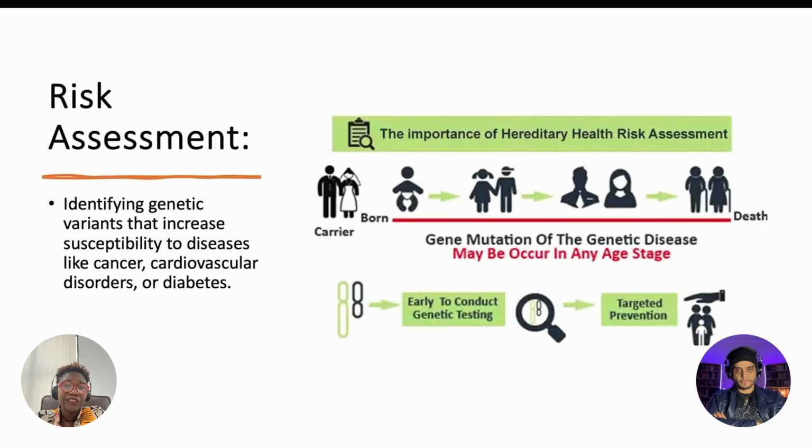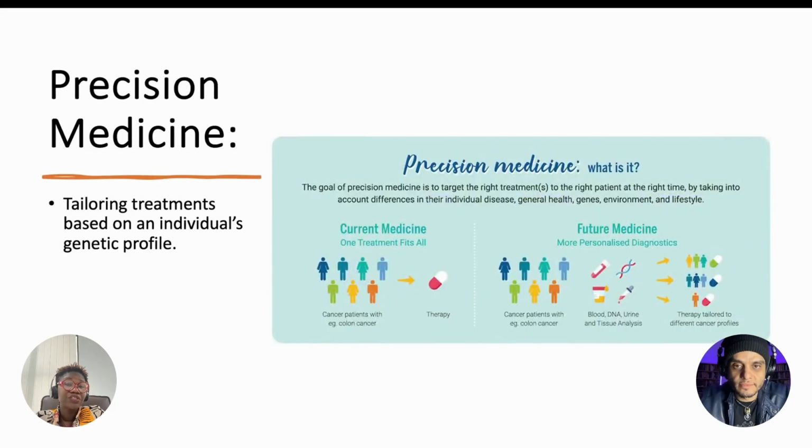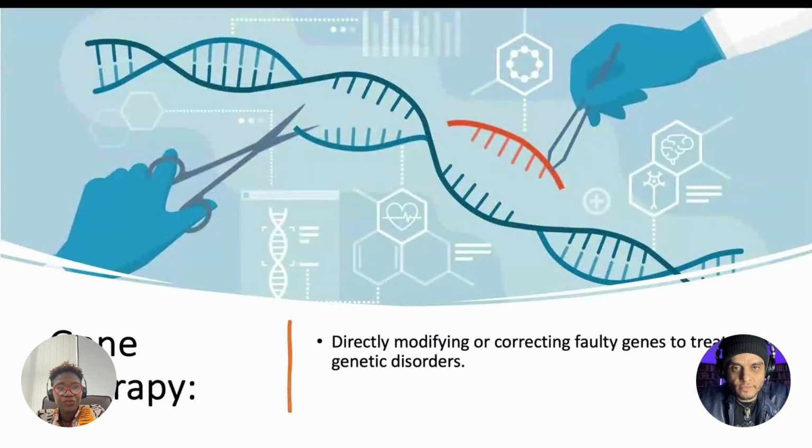These are a few applications. You can figure out your risk assessment: once you identify certain genetic variants, it can help you understand your susceptibility to diseases like cancer, cardiovascular disorders, diabetes, etc. And I mentioned precision medicine earlier. This helps to tailor your treatment based on your genome.